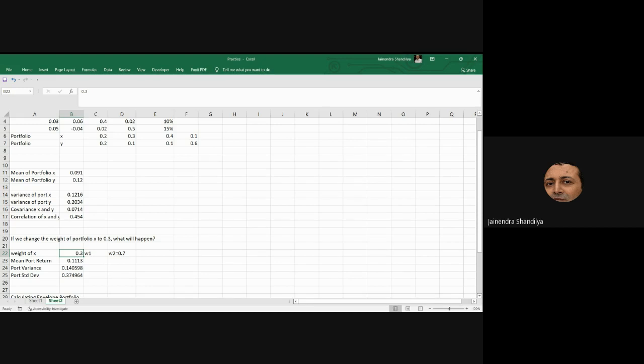Overall my portfolio remains 1, but individual weightings can be more than 1. So when the weight of X becomes 2, obviously the weight of Y will be -1. Only then will the whole sum to whatever is desired; otherwise it's not practically possible. But yes, one portfolio weight can be 2, 3, 4, 5, anything is possible as long as there is an efficient market for borrowing and lending.